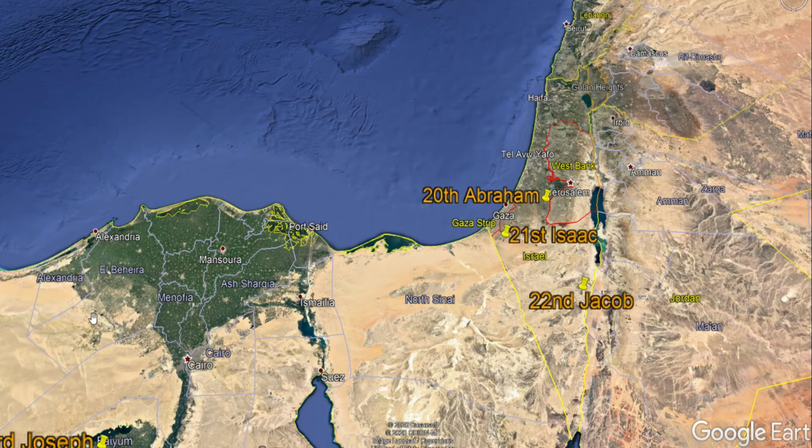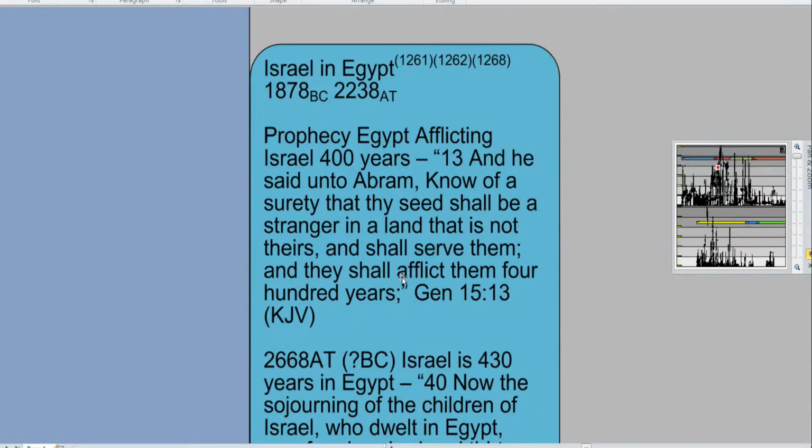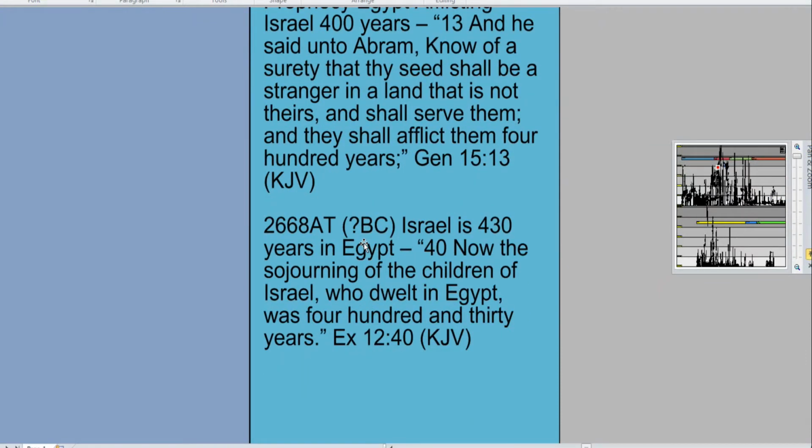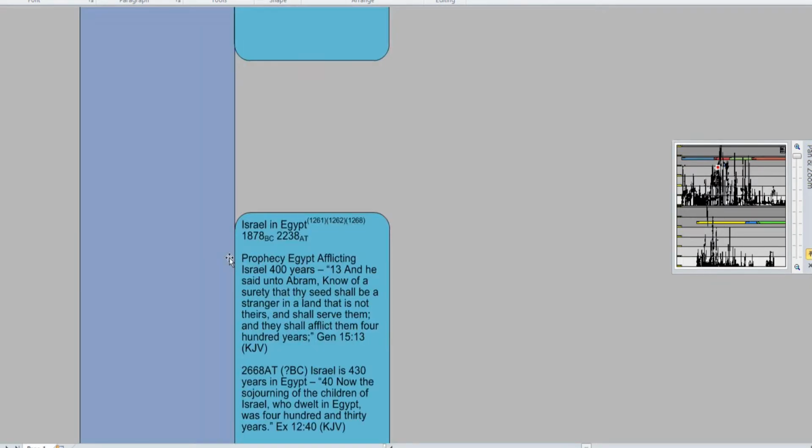But when we look at these scriptures, Genesis 15, Exodus 12, etc., we end up with this idea that the children of Israel are in Egypt for 400 years as slaves. And then they have the 30 years where they were not slaves. So the periodic table of history is based upon the Masoretic text, and there are other texts. That's why this is a big, huge can of worms.